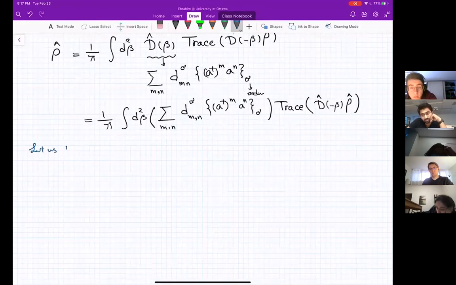Let us try for symmetric way. Should we do it for anti-normal or normal? We can do for either. I just want to make sure that I'm writing it for a proper state.